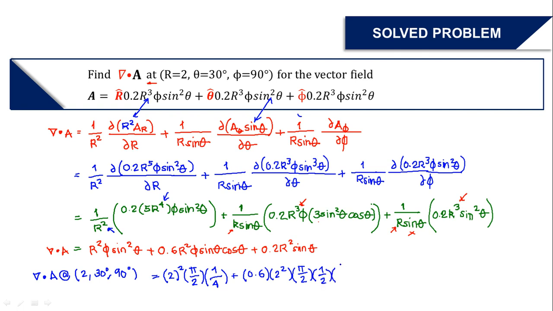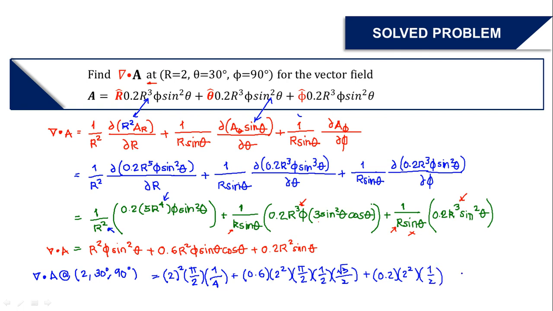Then yung cosine ng 30 is square root of 3 over 2. So plus naman, dito na tayo sa pangatlo, ha? 0.2 times r squared. So 2 squared ulit. Sine ng theta. So sine ng theta is 1/2.